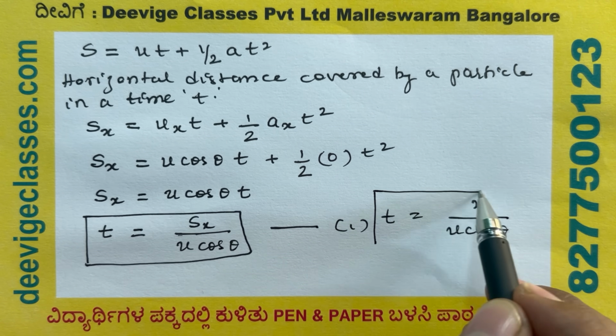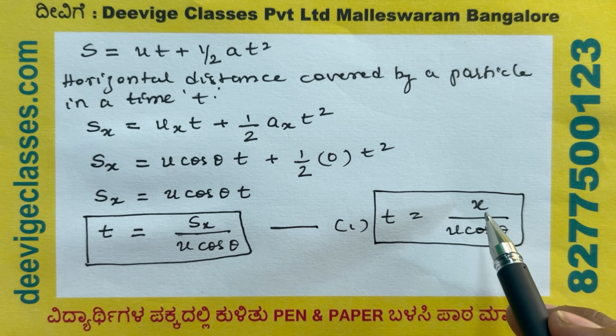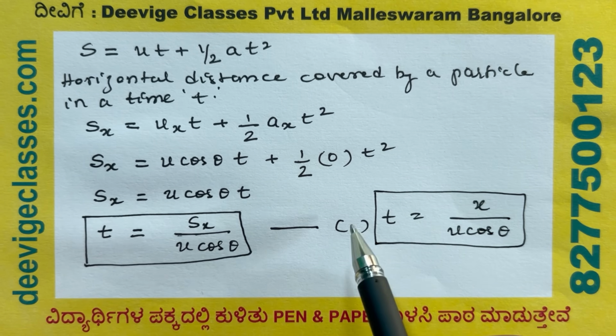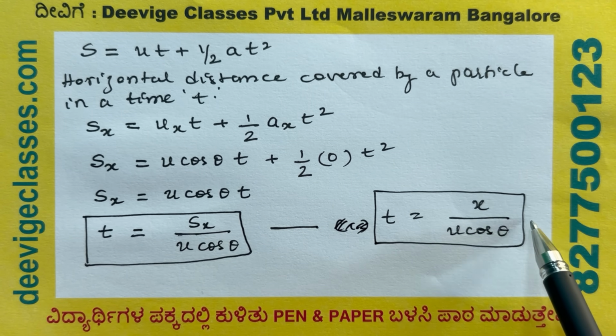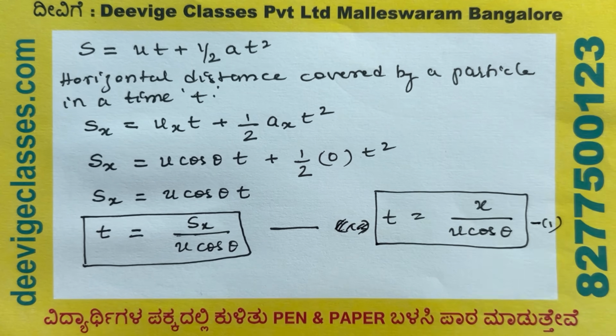So we got the time, t equals x divided by u cos theta. Let me call this equation number 1. Instead of s suffix x, you can write x, the distance along the horizontal direction in a time t. So this is equation number 1.